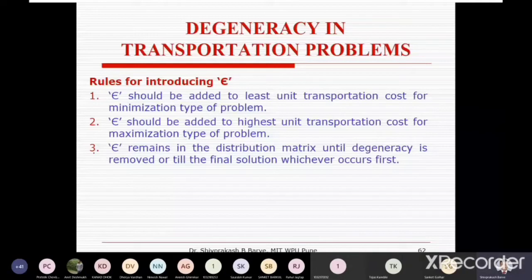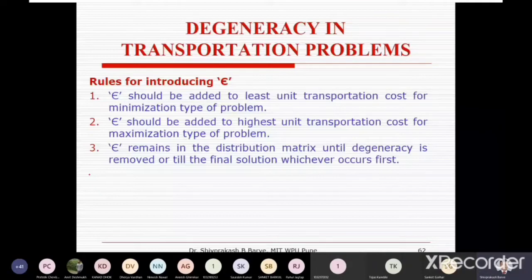Again, one more point, the fourth point, keep in mind that epsilon is added such that for the remaining unallocated cells, it will help to make a closed loop in the stepping stone method. Because our difficulty is that we cannot make a closed loop if the number of allocations is less than m plus n minus 1, and because of that we cannot solve the problem.